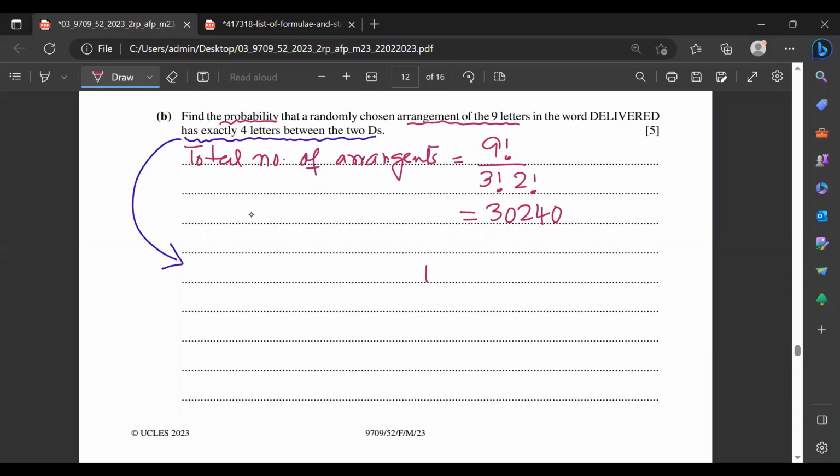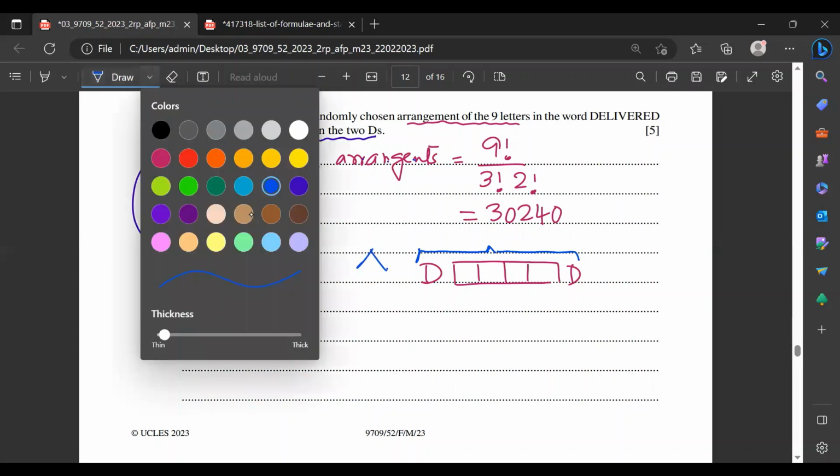I write D first, then leave 4 spaces in between, and then another D. So this is one block with a D, a D, and exactly 4 in between. Other than these, 9 minus 2 is 7 letters, and 4 we have adjusted in between, so there are 3 left.